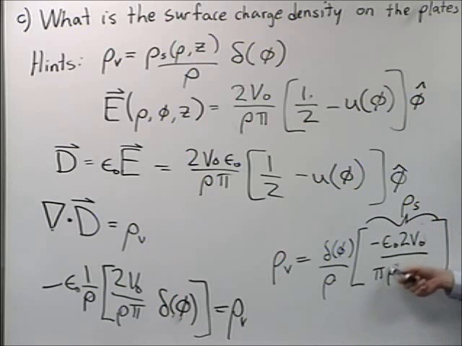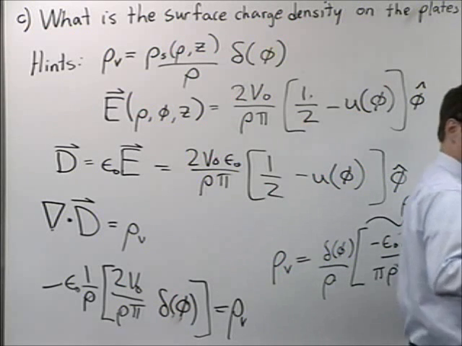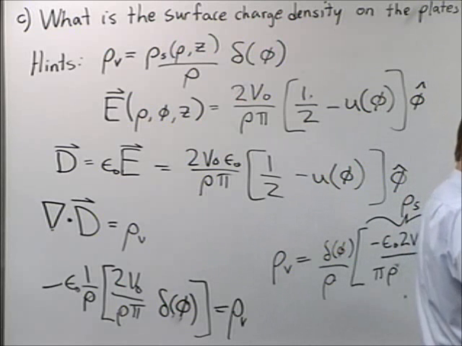Also notice that it tapers. The surface charge tapers away as I increase the point of observation with respect to rho. So I move away from the z-axis, and my charge density on the plate tapers out. The polarity changes on the other plate, and that tapers as I move away from the z-axis as well.